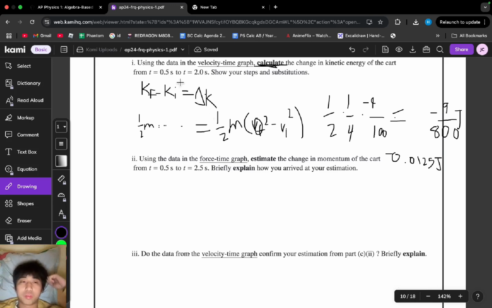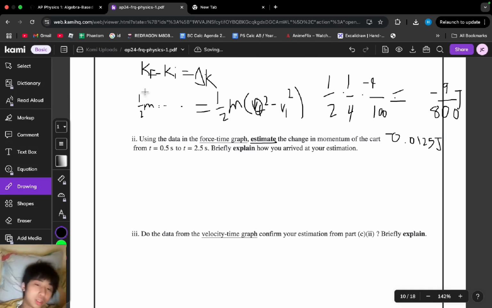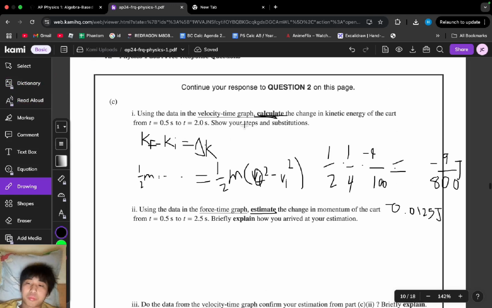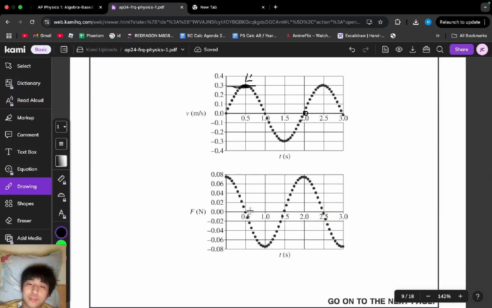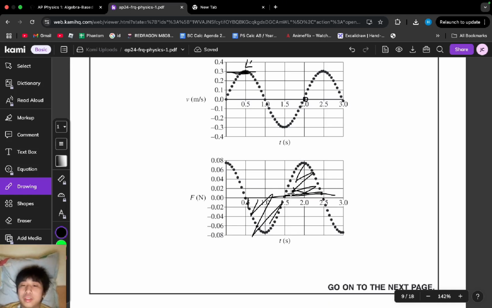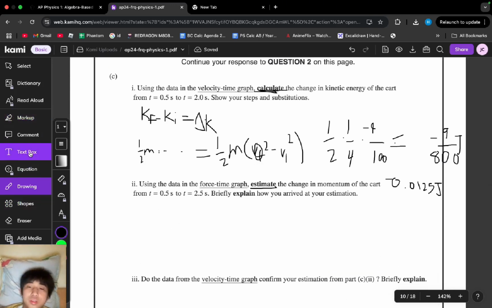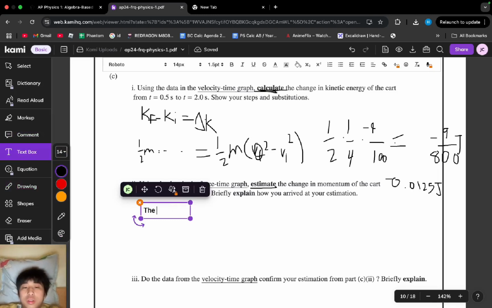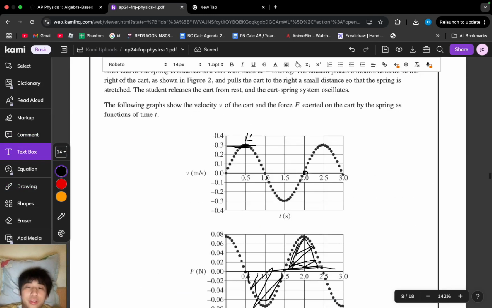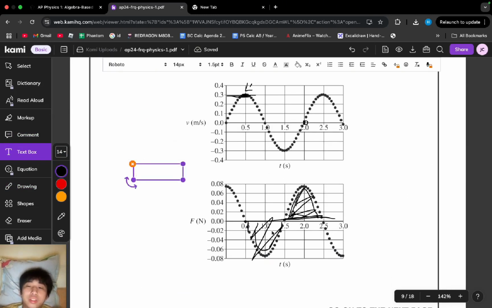Next one is, estimate the momentum, and briefly explain. Alright, so from 0.5 to 2.5, you can see the symmetry between the two, and you'll know that these two will cancel out roughly, as we're estimating that they are roughly equal. The area is roughly equal here and here, but they're negative and positive. You're not going to write an equation, since it says briefly explain. The change in momentum, oh by the way, change in momentum is F times t, that's why it's the area.